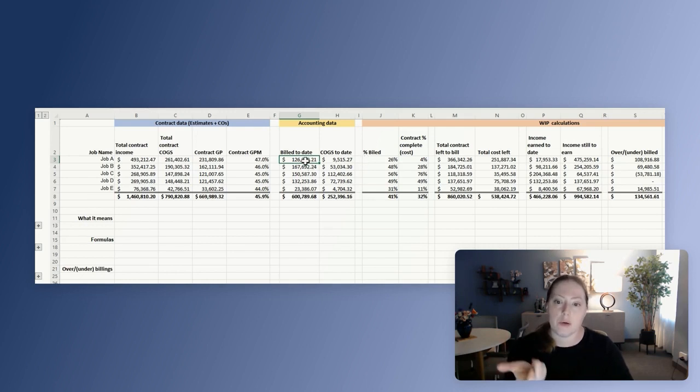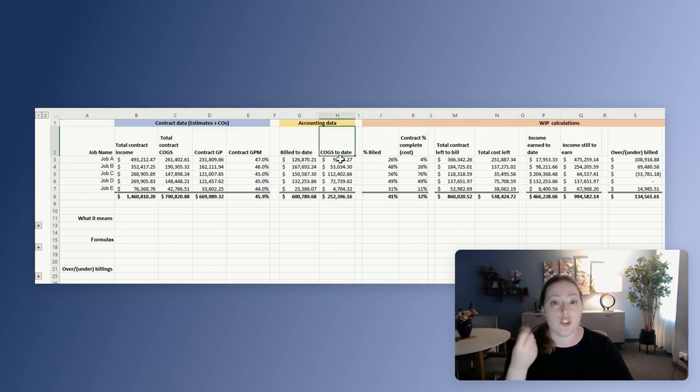So for example, if I have billed them $126,000 and the last invoice was for $26,000, and they haven't paid me yet, I would see that on my accounts receivable report, meaning that the cash still needs to happen, hopefully sometime soon.